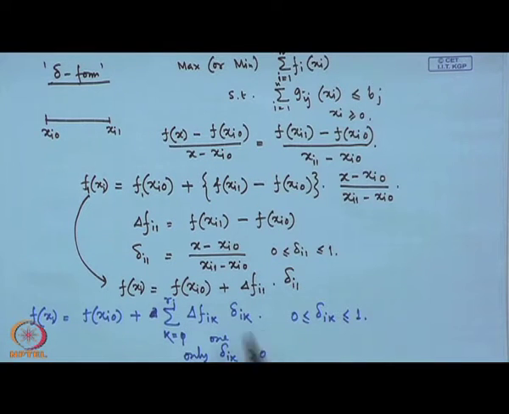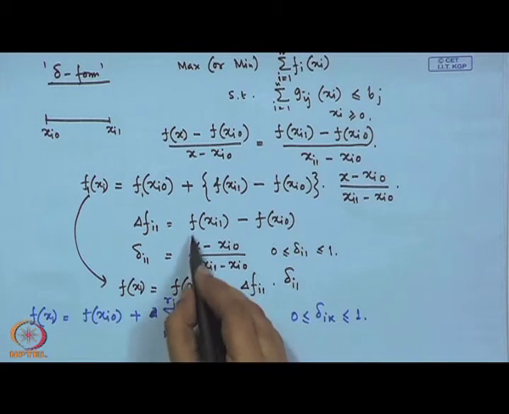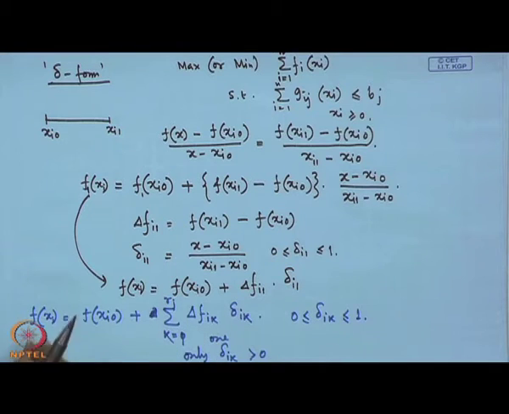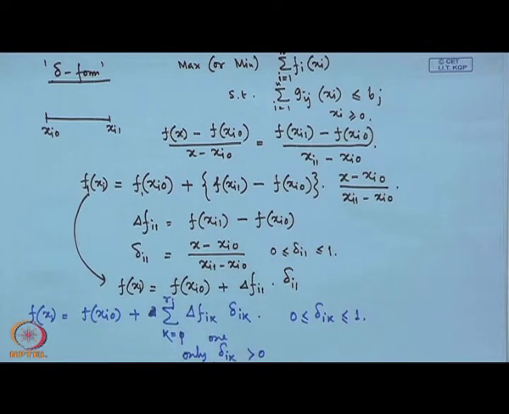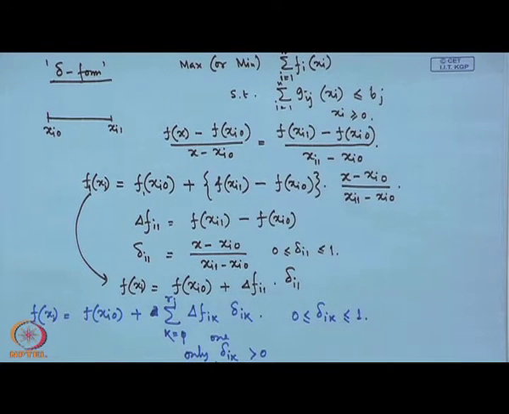Thus we can say this is the difference of the functional value in the consecutive grid points. Thus, while we consider the linear programming problem, the restricted basis entry rule we have to impose in the delta form is that only one delta ik will be at a positive level for all i.